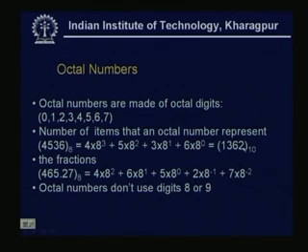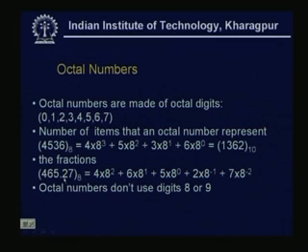Now, how do we compute fractions? Say 465.27 when the base is 8. The integer portion will be 4 into 8 square plus 6 into 8 to the power 1, 5 into 8 to the power 0.